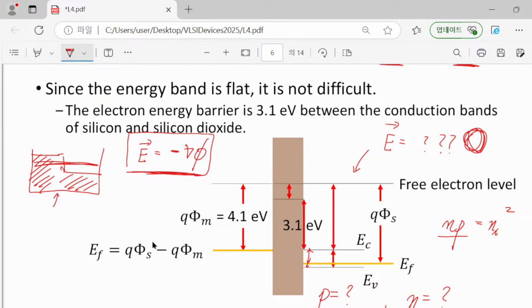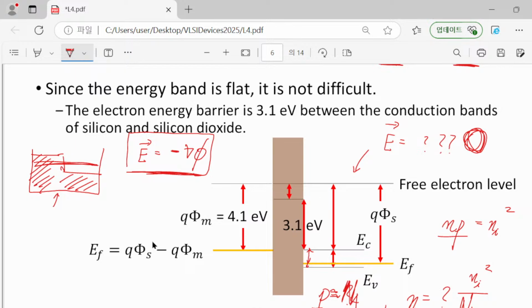Then of course this p density would be quite close to your acceptor density, so you will have n_i squared divided by the acceptor density. That will be the situation, and everywhere inside this silicon part, you will have that solution.